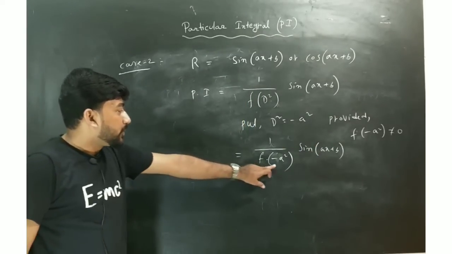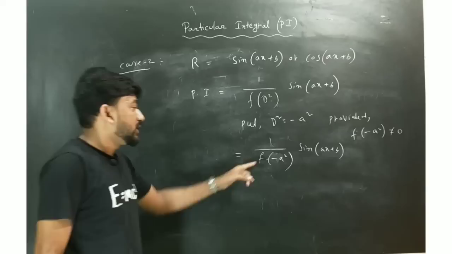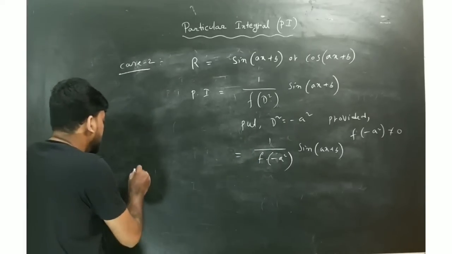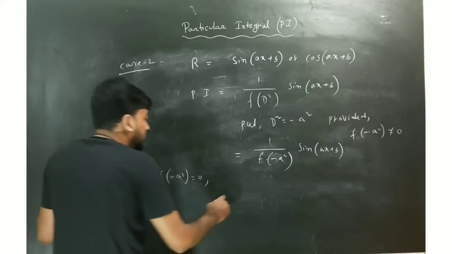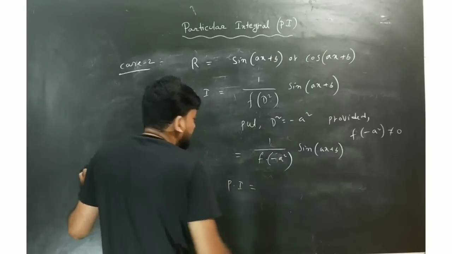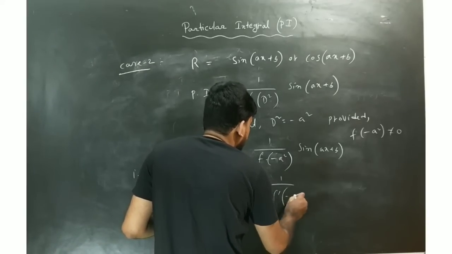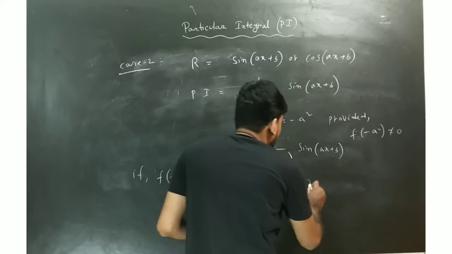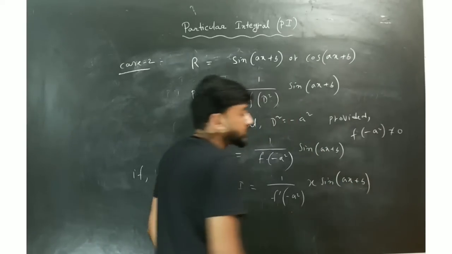But if f of minus a square is equal to 0, then you have to take the differentiation of this, then put D square equal to minus a square. So in that case, your particular integral will be 1 upon f dash of minus a square, and x will be outside, so it will be x sin(ax + b), and so on.